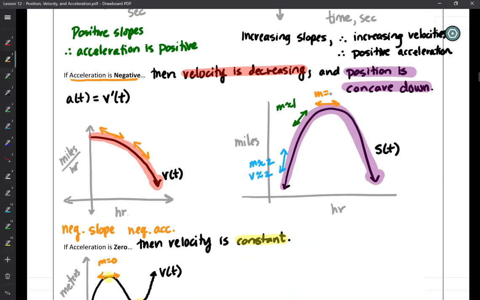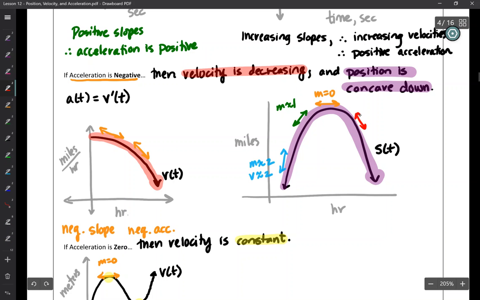Our position is constant at that moment in time. Here's a slope of about -1, and so on. So over time, these slopes are decreasing: 2, 1, 0, -1. Therefore velocity is decreasing, therefore its rate of change is negative. We have a special name for the rate of change of velocity. It's the derivative of velocity called acceleration.